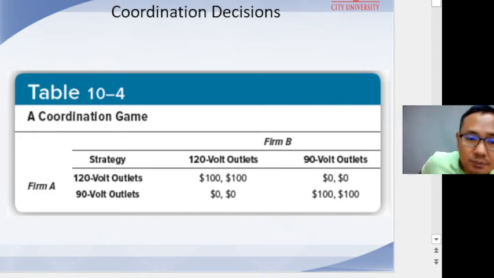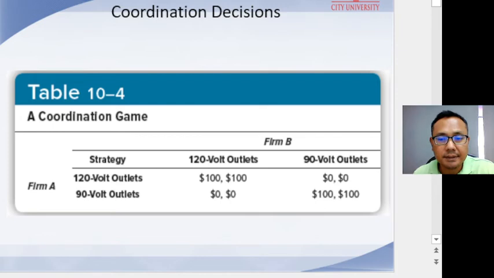So what would you do if you were the manager of firm A in this example? If you do not know what firm B is going to do, you have a very tough decision. All you can do is guess what B will do. If you think B will produce 120 volt appliances, you should produce 120 volt appliances as well.